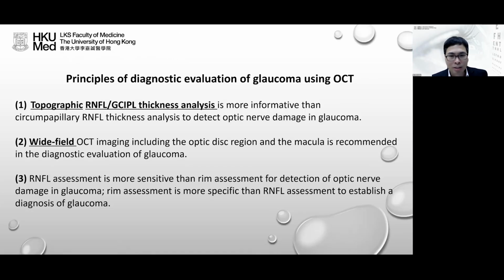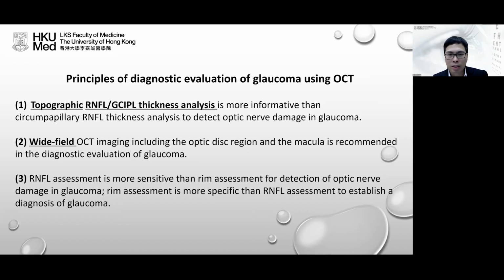So here is the last slide, just to outline some take-home principles for diagnostic evaluation of glaucoma using OCT. We need to rely on the map or topographic assessments of the RNFL and GCIPL because it is by far more informative and sensitive compared with circumpapillary retinal nerve fiber thickness analysis to detect optic nerve damage in glaucoma.